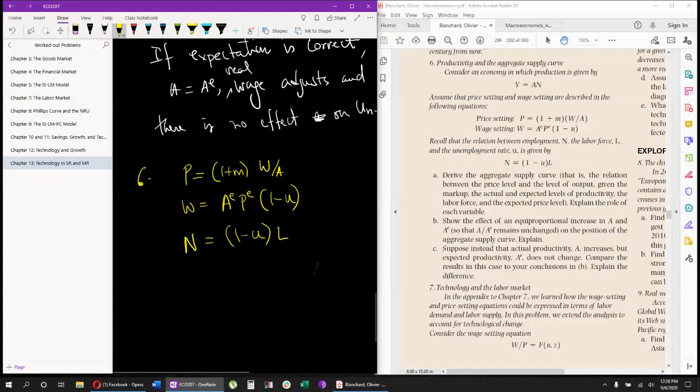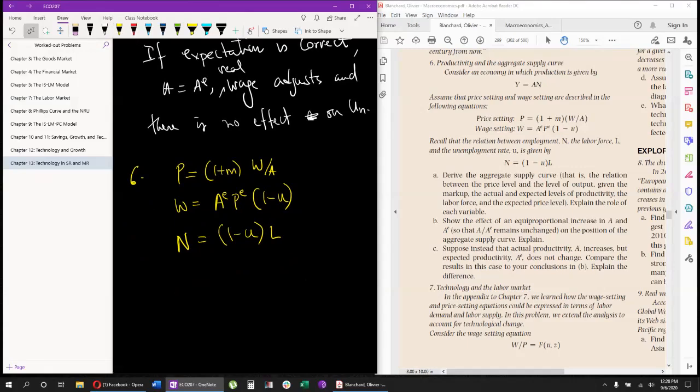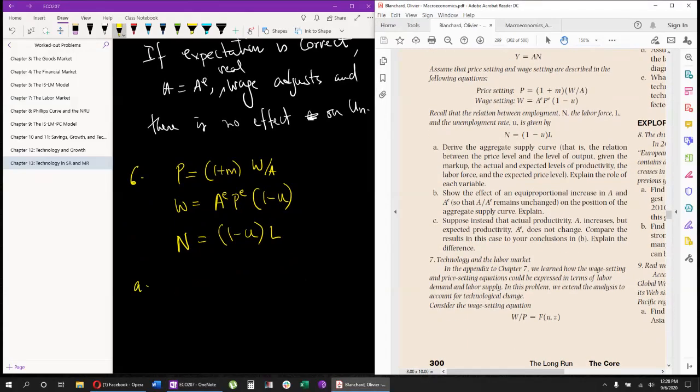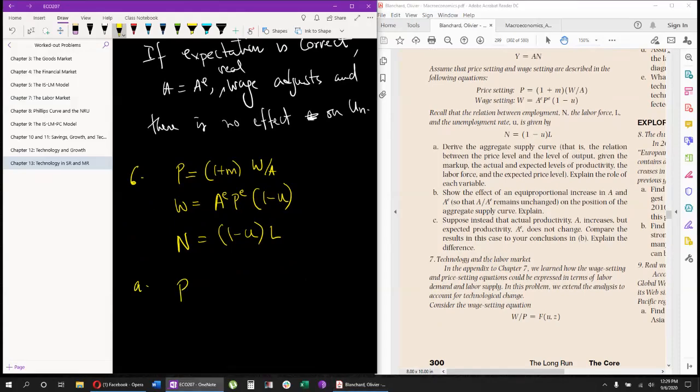Okay. What we have to do, see question 6a, is derive the aggregate supply curve. What that means is you have to basically find the relation between the price level and the level of output, Y, I suppose.